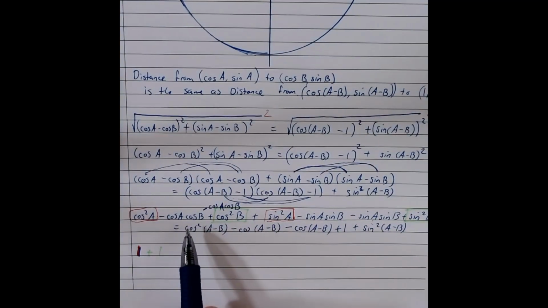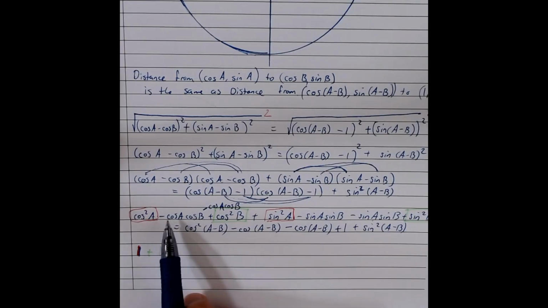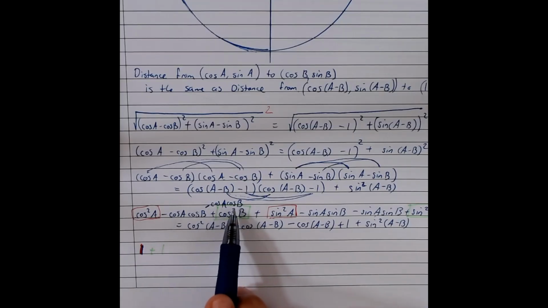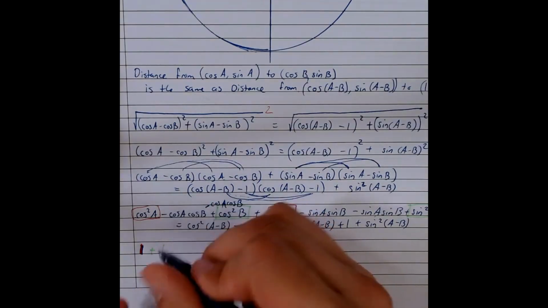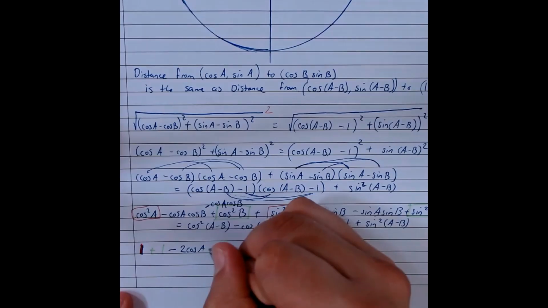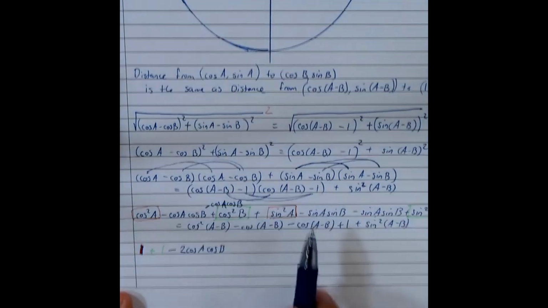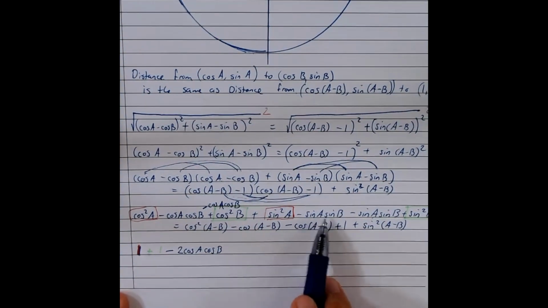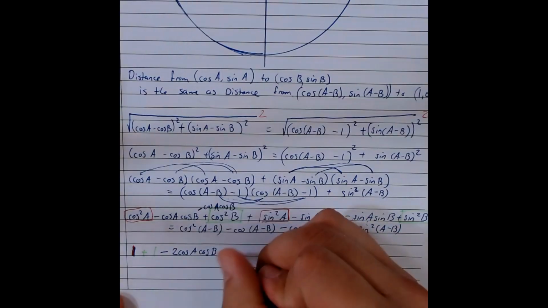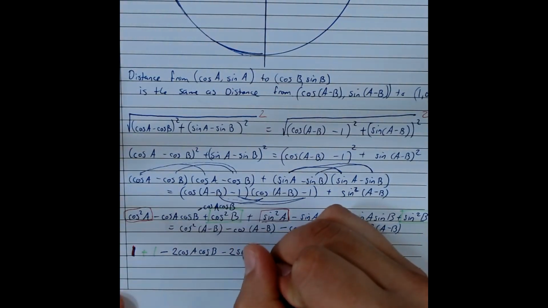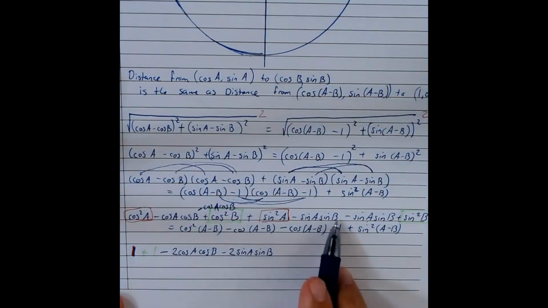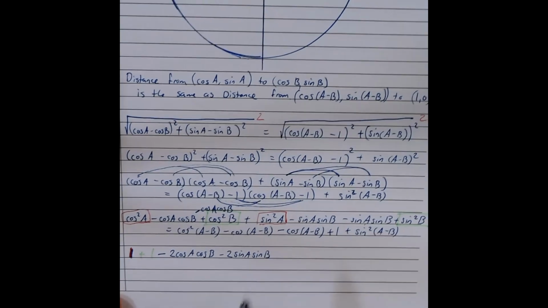So here, there's some like terms we can combine. Minus cosine A cosine B minus another cosine A cosine B, that's going to give me minus 2 cosine A cosine B. And likewise over here, minus sine A sine B minus another sine A sine B is minus double sine A sine B. Minus 1 minus another one is minus 2 of those.